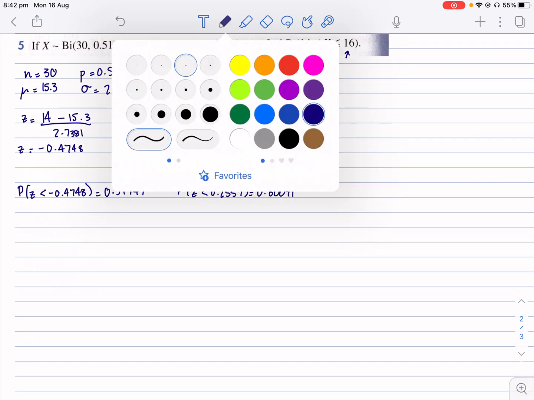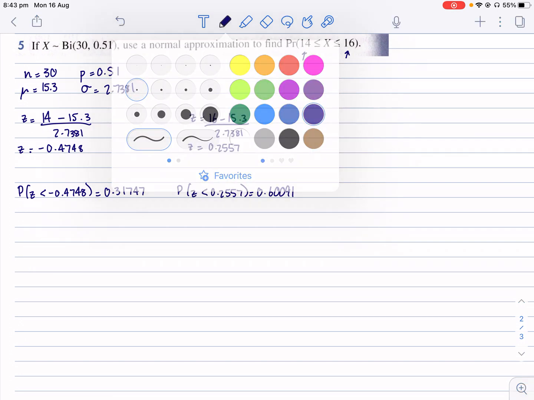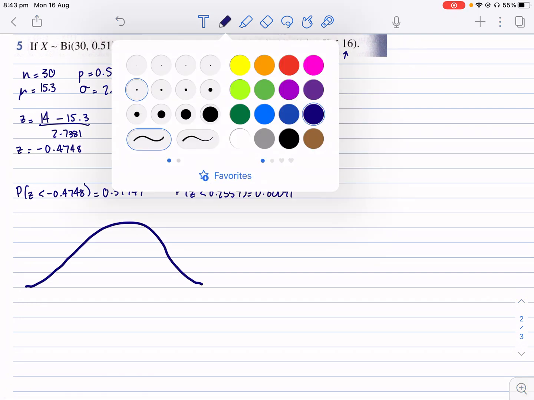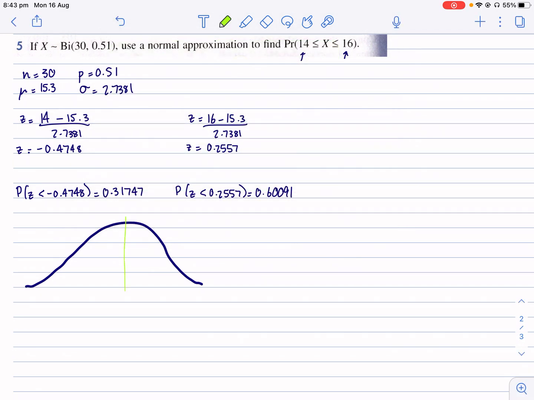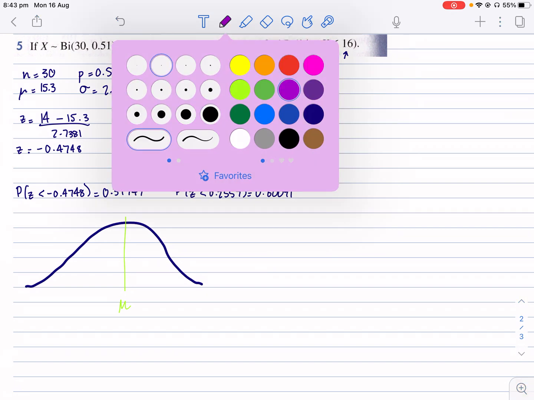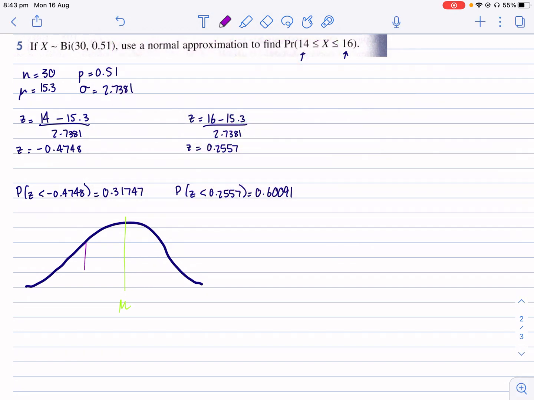If we draw, and I want to draw this fairly big, okay, here's the mean, yeah? Now, here's my first z-score, this was where the 14 goes. Actually, let's use the z-score so it'll be less confusing. Negative 0.47.